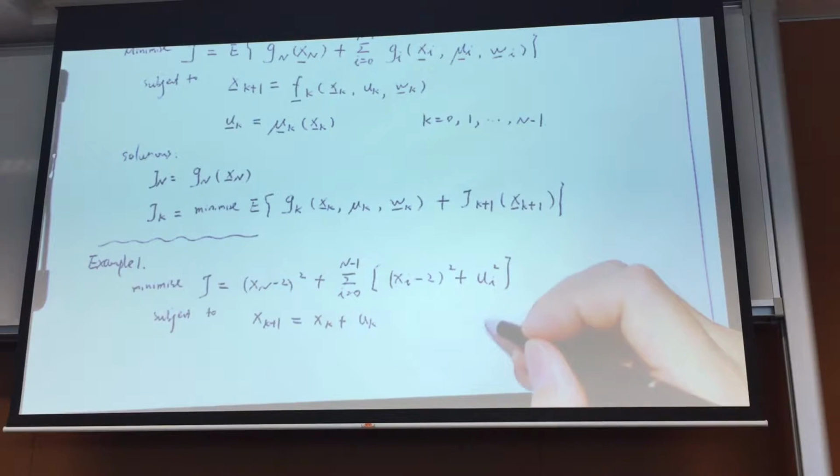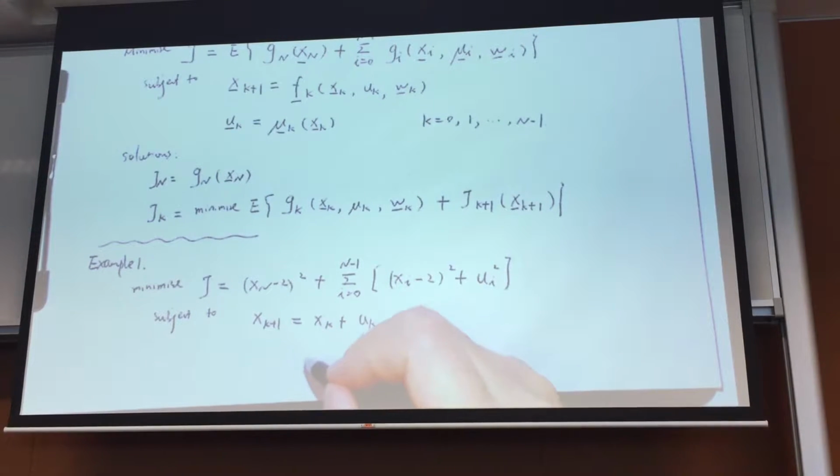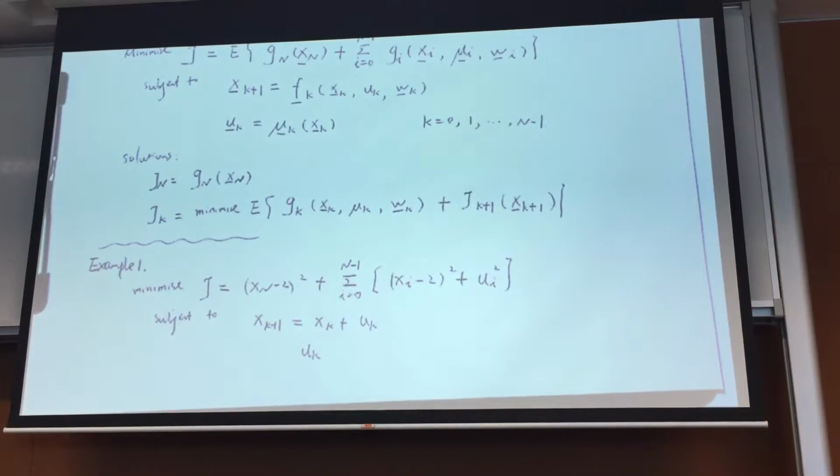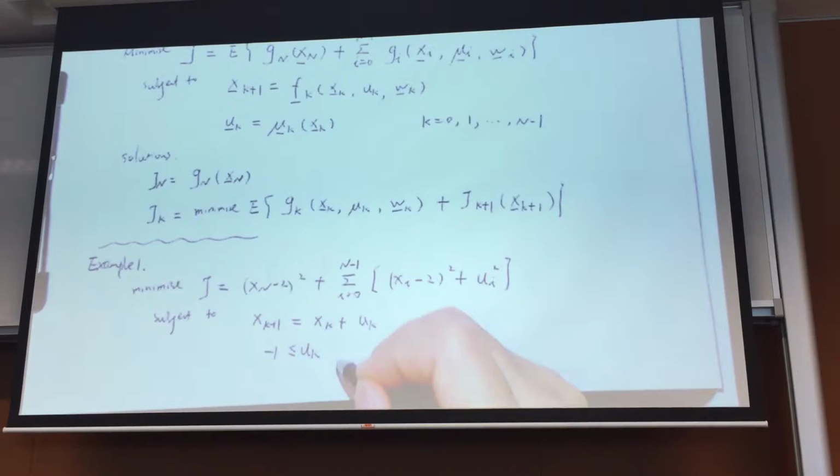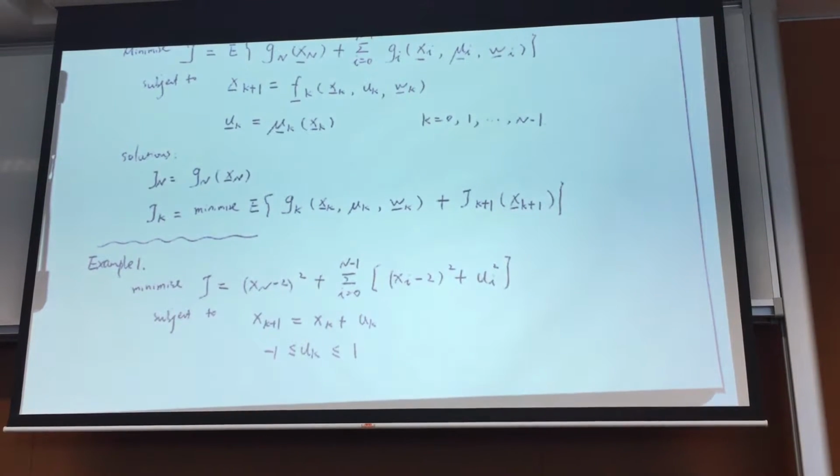And we also have the actuator constraint, so the input u_k must be between -1 and 1.